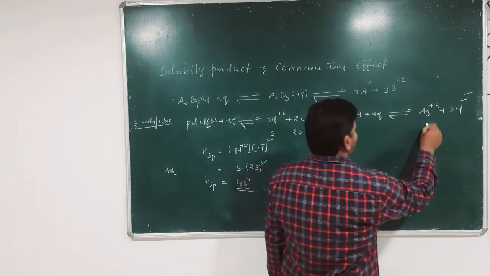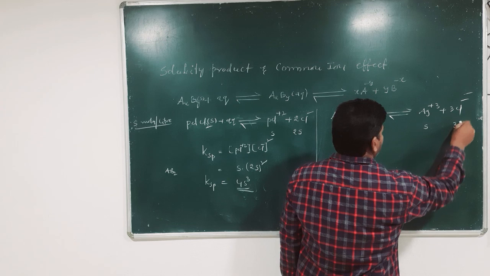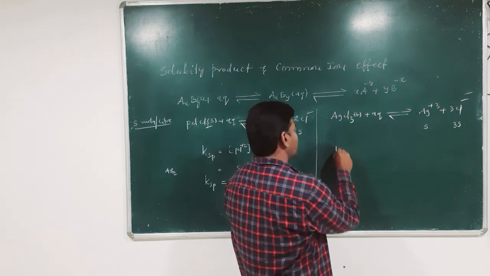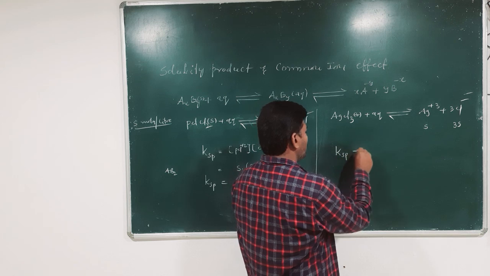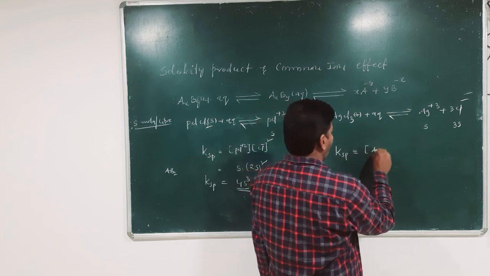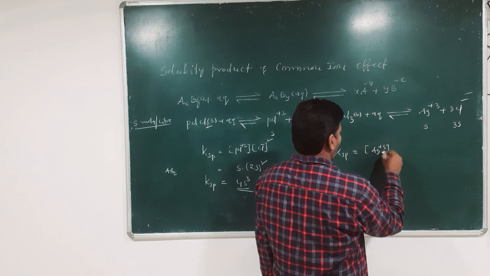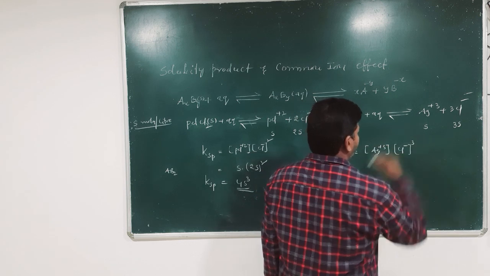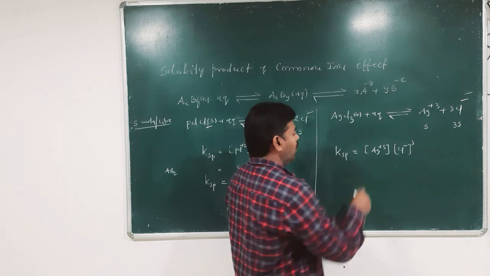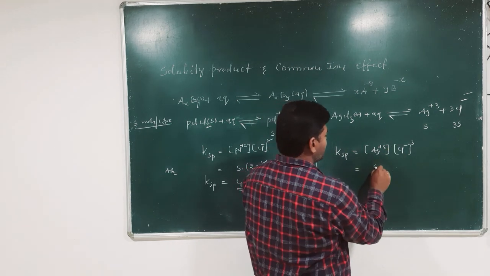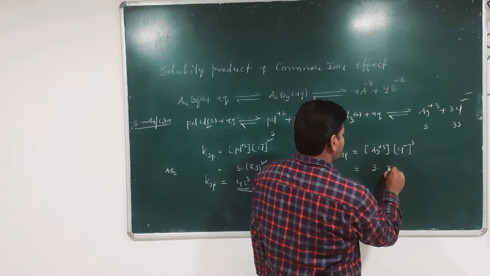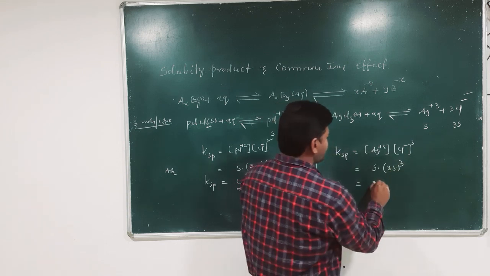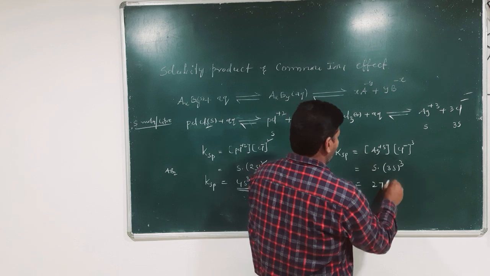The equilibrium concentrations are S and 3S. And Ksp, the solubility product, is the concentration of Al3+ times the concentration of Cl- cubed. The concentrations are S and (3S) cubed, therefore 27S to the power 4.